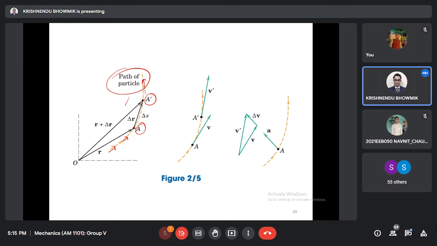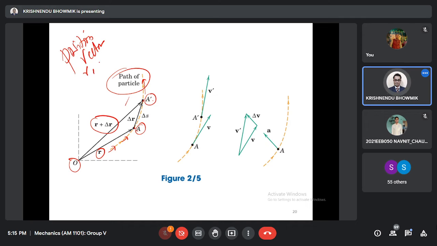Now for these 2 points A and A prime, from reference 0, the position vector is r. R is the position vector at A. For A prime, it is r plus delta r.